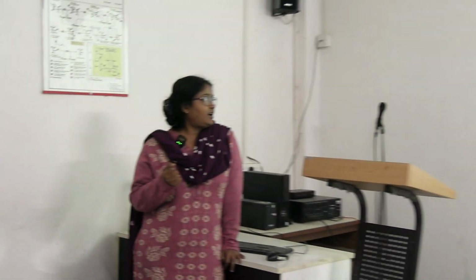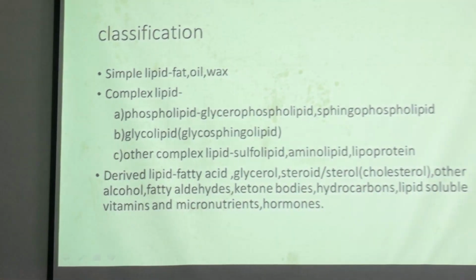In complex lipid there is glycerophospholipid and sphingophospholipid. Glycerophospholipid is also an ester, where glycerol is present as the alcohol, along with other groups like nitrogen containing groups.